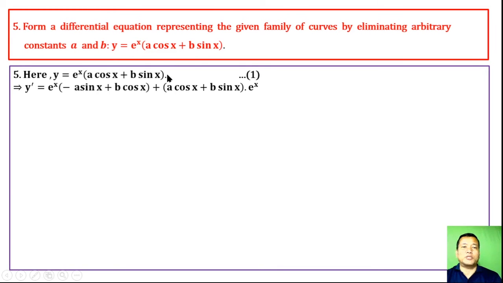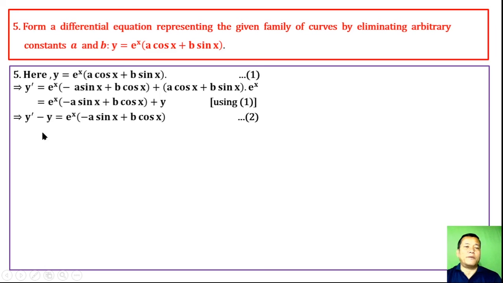Differentiating both sides with respect to x, we get y dash on the left. Applying the product rule on the right side, the bracketed factor becomes exactly y, which is replaced using equation 1. Transferring y to the left side, we get y dash minus y equals this, which is equation 2.